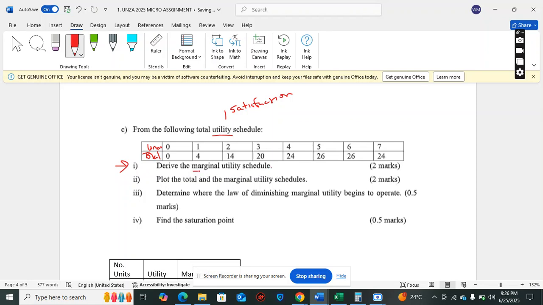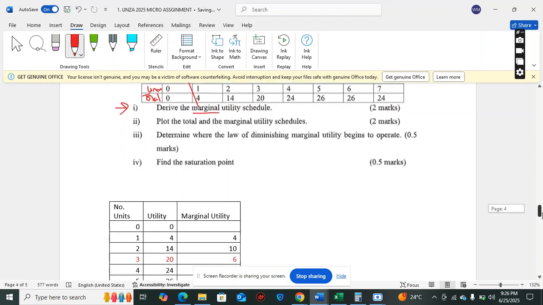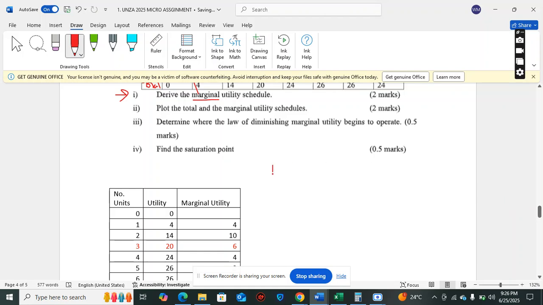So colleagues, when you're in economics, whenever you hear the word marginal, think of extra or additional. All right. Derive the extra or additional utility schedule. Okay. So how do you get your marginal utility? This is the official formula.